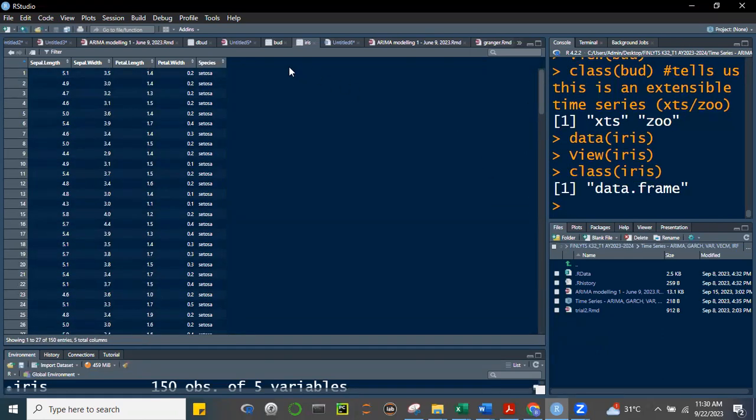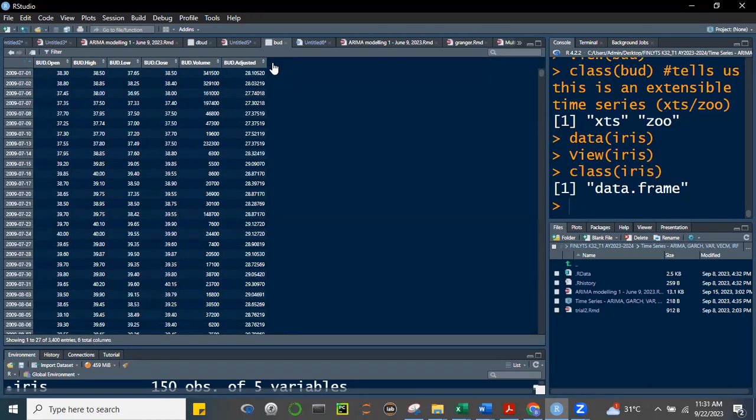But if we compare this with, let me close this, if we compare this with the XTS. What makes this a good type of data is that it's quite difficult to work with dates, especially if the dates are part of your data.